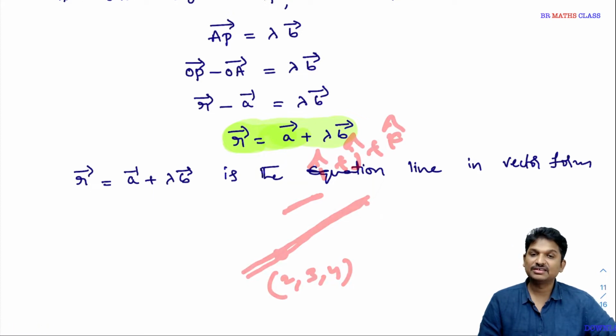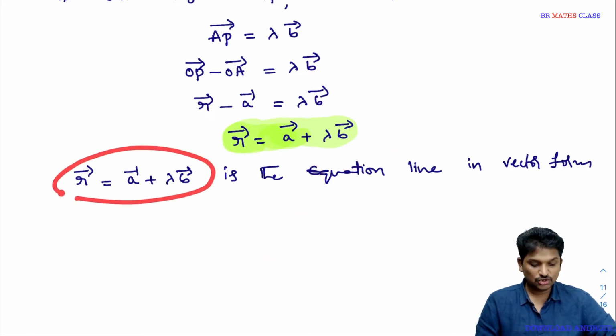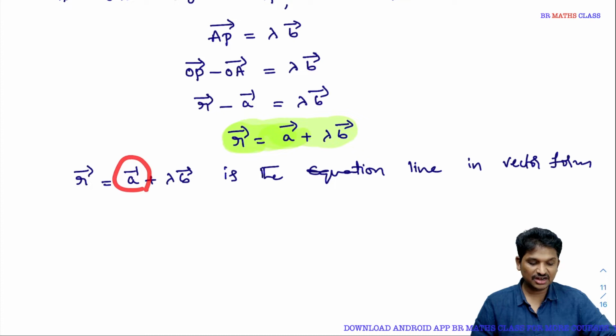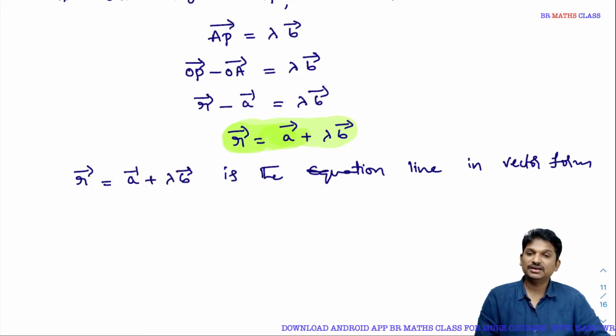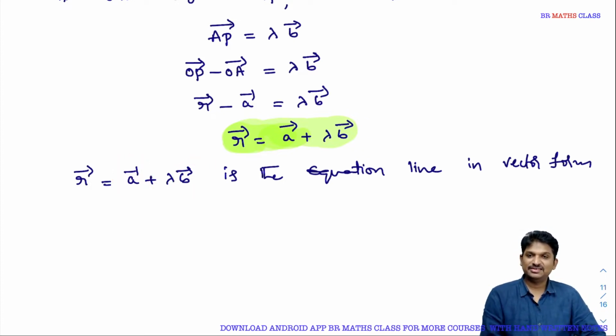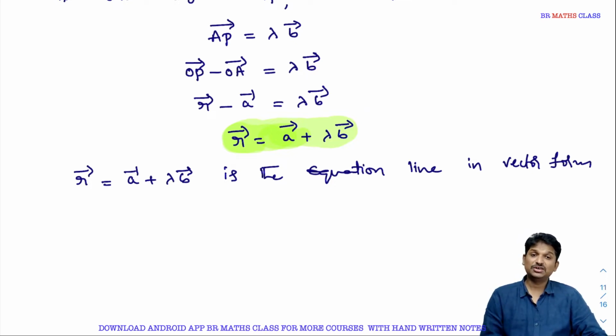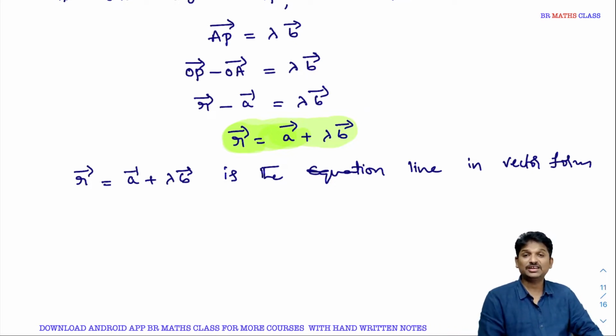At that time, you need to know that when a line passes through point A whose position vector is A bar and is parallel to the vector B bar, the result is R bar equals A bar plus lambda B bar, the equation of a line in vector form.